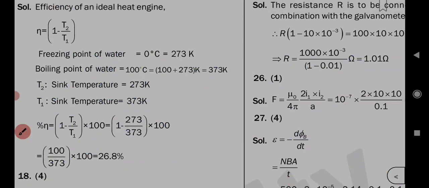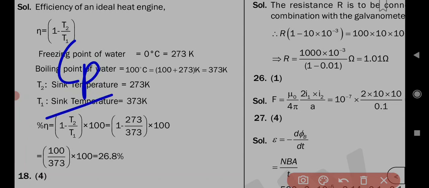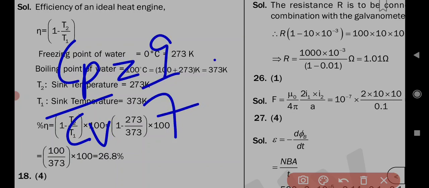Okay, let's come to the next question. In this video we'll be only doing up to 20 questions because the video is already very long. The ratio of specific heats at constant pressure Cp and constant volume Cv is 9 by 7, and we have to find the number of degrees of freedom.